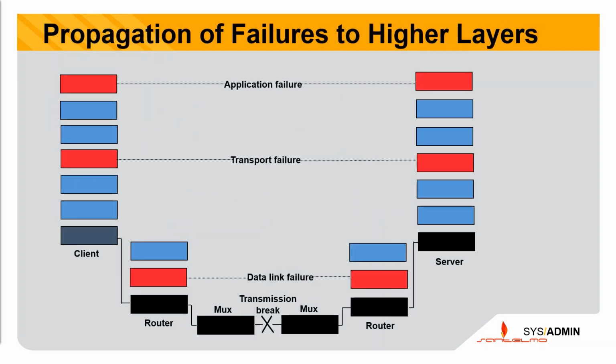Okay, so propagation of failures to higher layers. Being a systems administrator, you should know where each component of a network device works. For instance, a router works on layer 3, and switches work on layer 2.